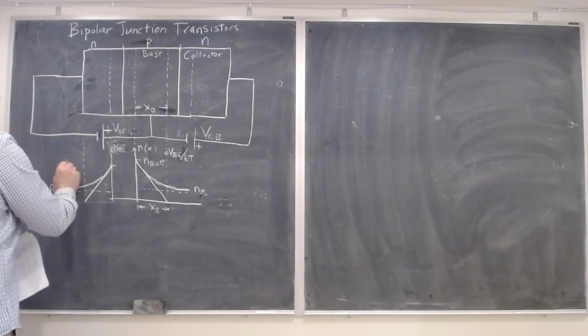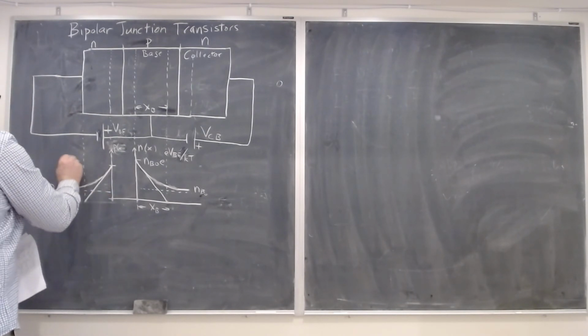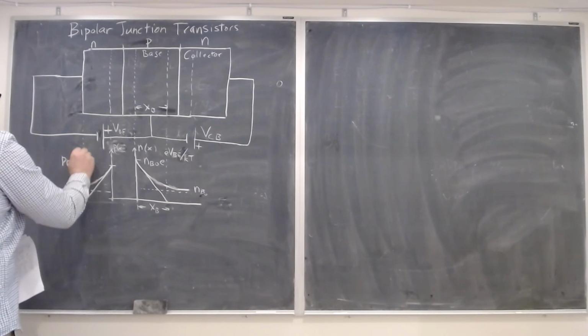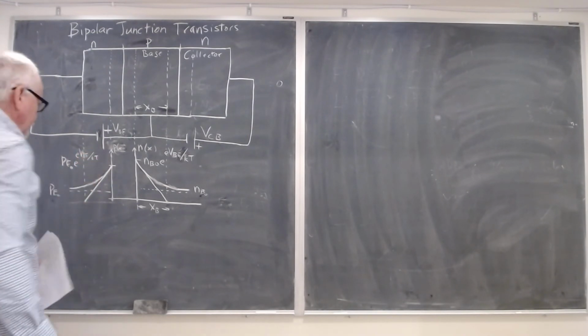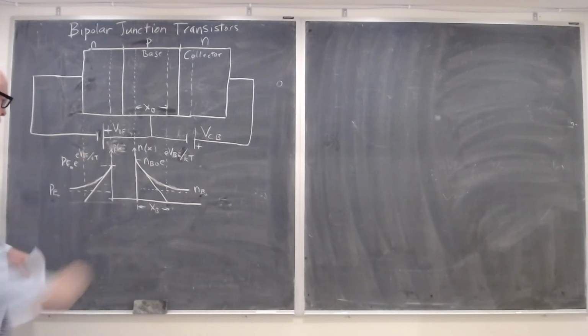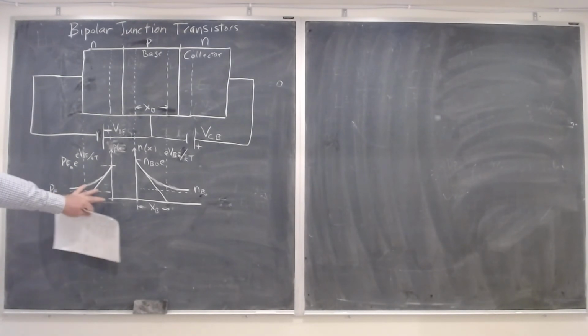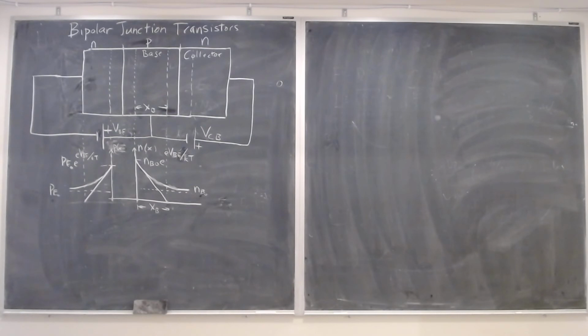And I forgot to label this PE0 e to the E VBE over KT. Those are our injected electron and hole densities on either side.